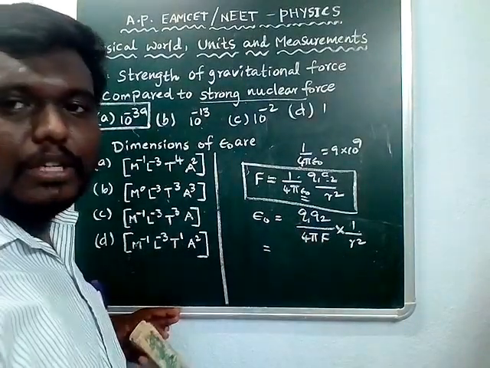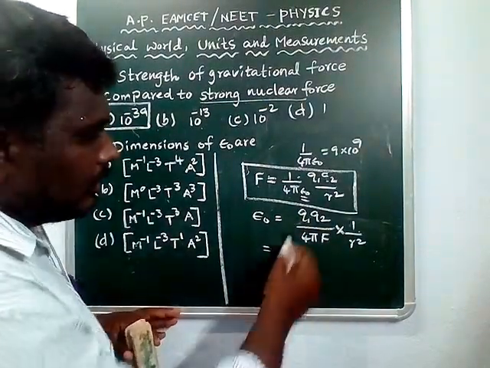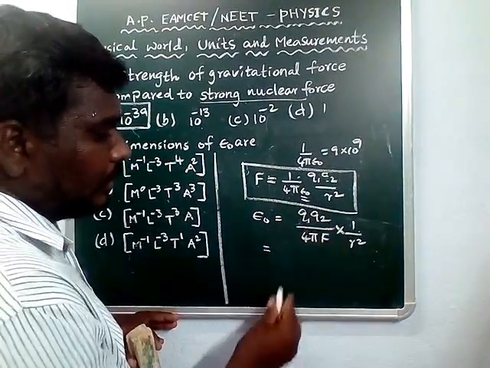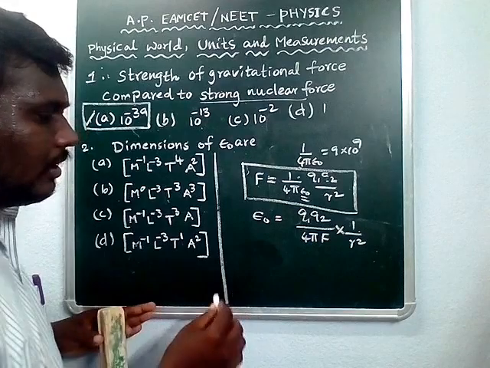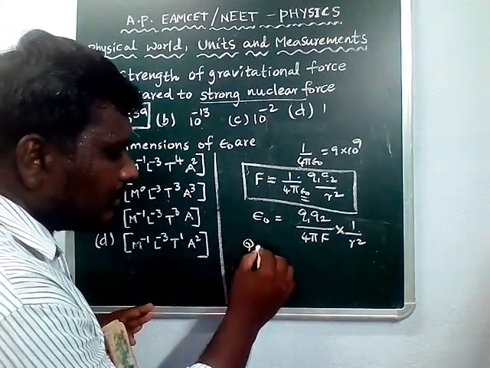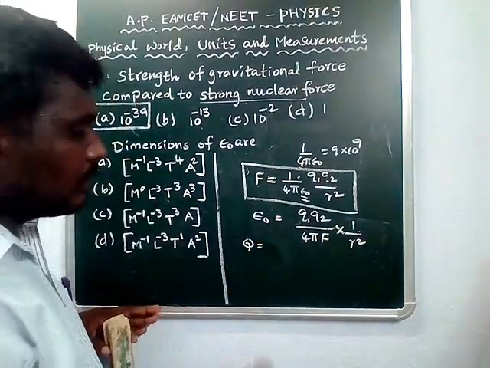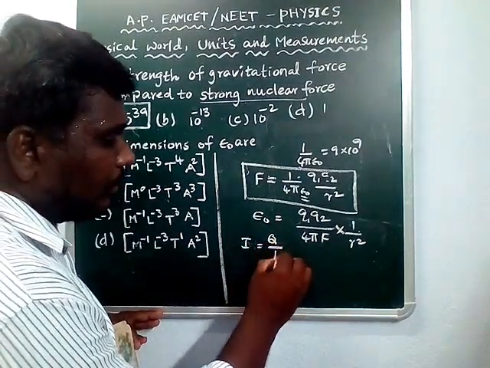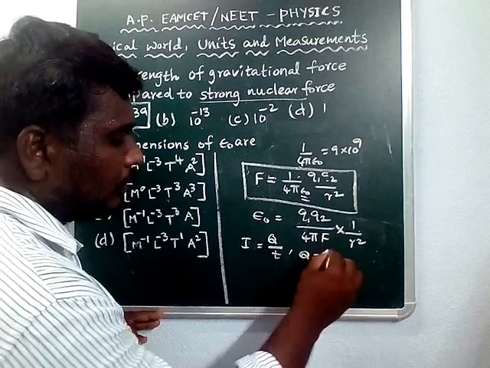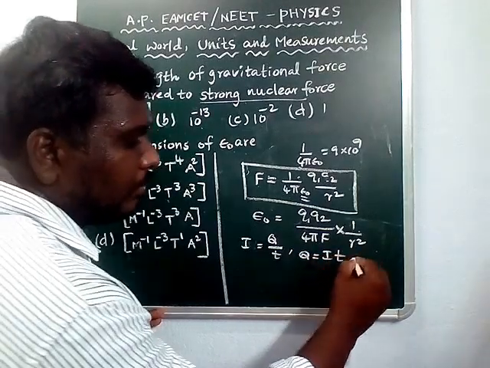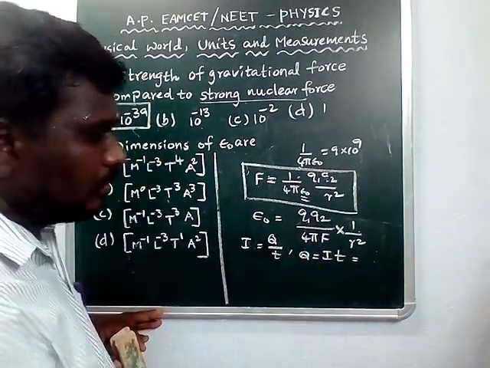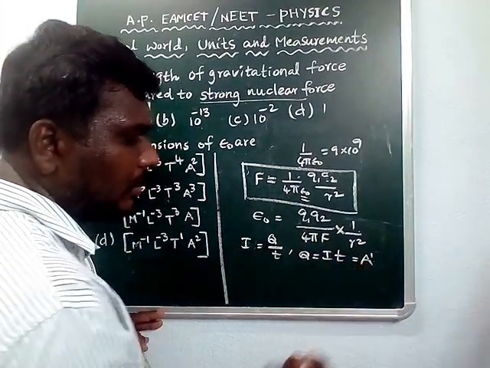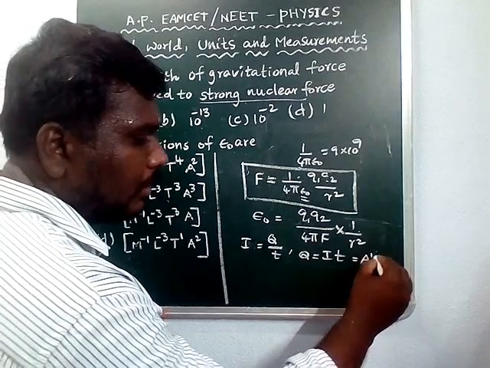What are Q1 and Q2? They are two charges. The dimension formula of charge: electric current I is equal to Q by t, already known. So Q is equal to I t. The dimension formula of Q is ampere capital A power 1, time capital T power 1.